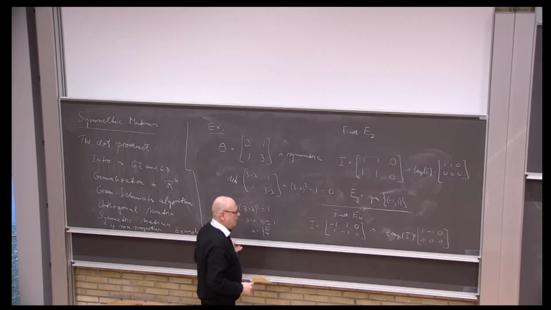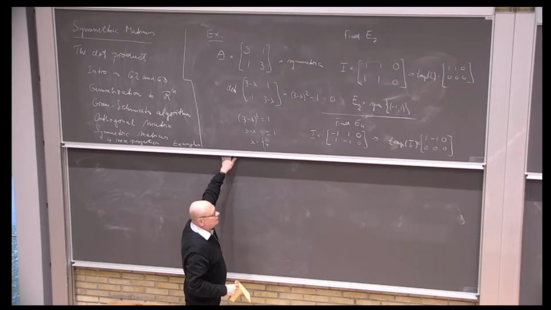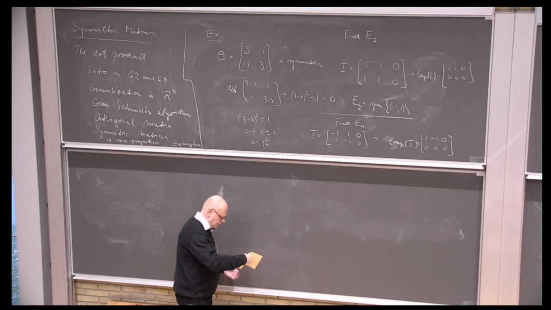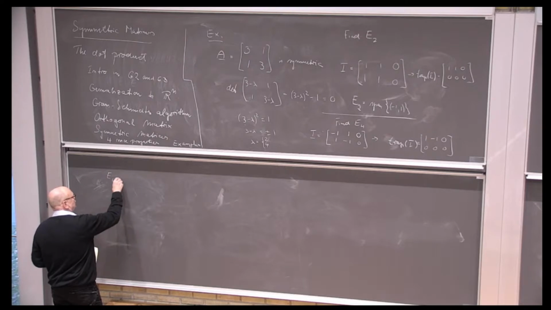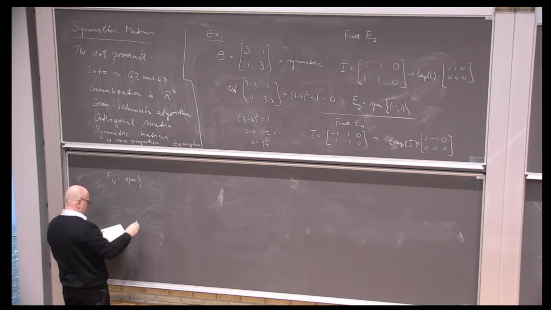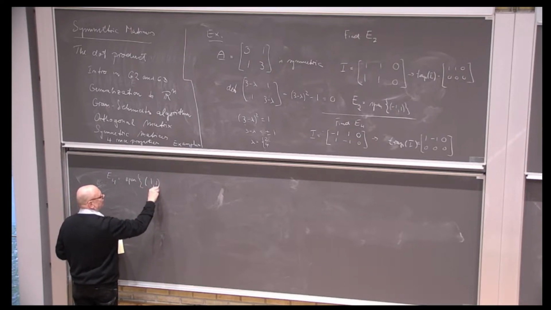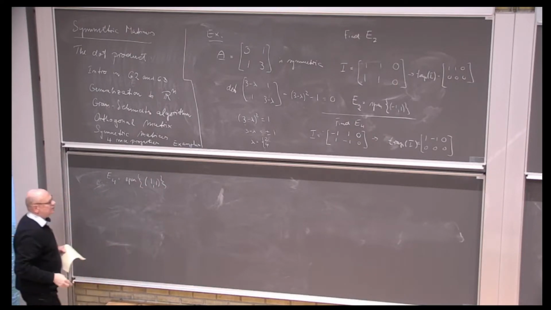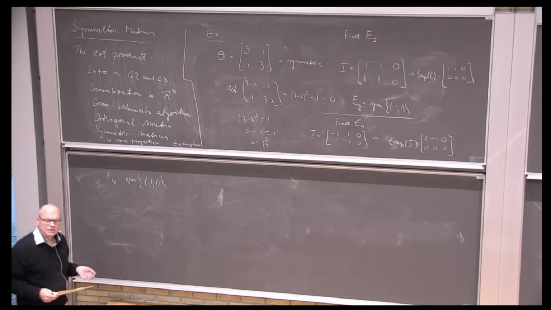And if I look at the solution to that system, I can find that E4 is the span of this vector here, that is 1, 1. This will satisfy this. So now you have two linearly independent vectors.